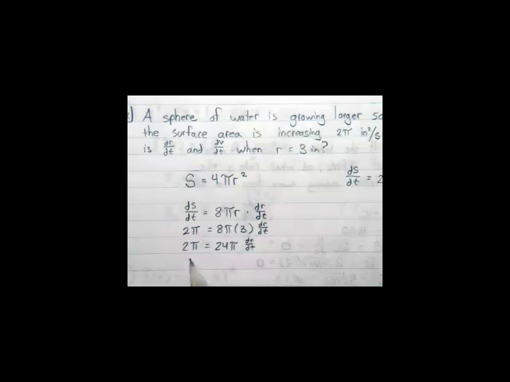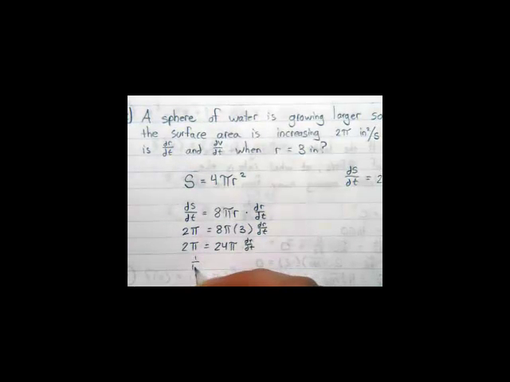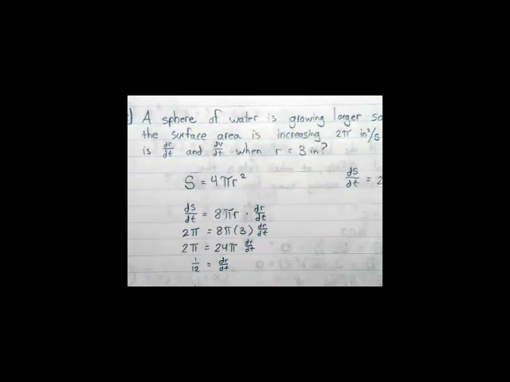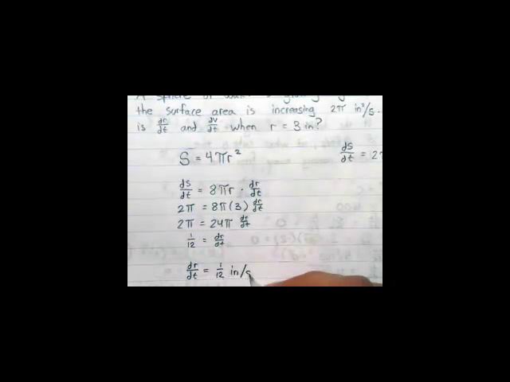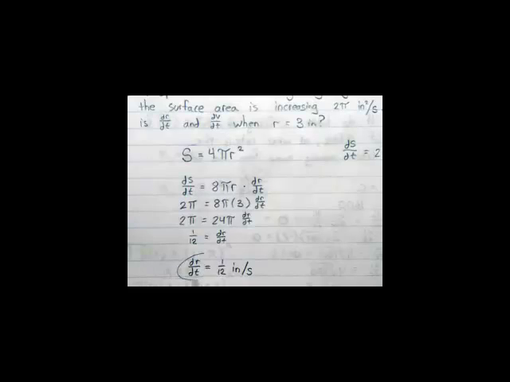And then if we divide each side by 24 pi, I'm going to get 1/12. So pi's will cancel, and 2 over 24 is a 12th. Okay, so it's 1/12 what? What's the unit for that? Inches per second. Right. Change in the radius per time. Radius is getting measured in inches. Time is in seconds. So there's your dr dt.